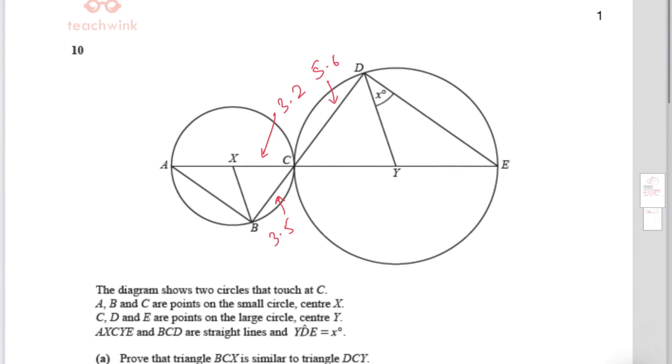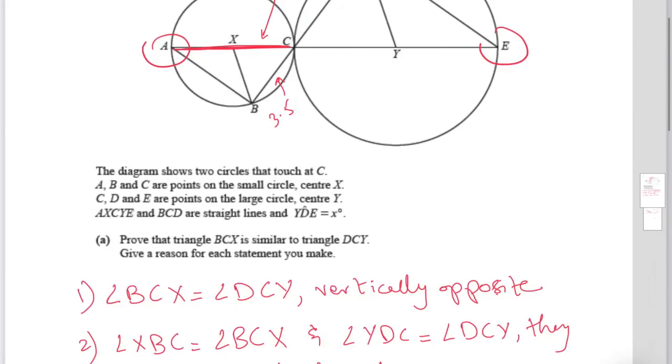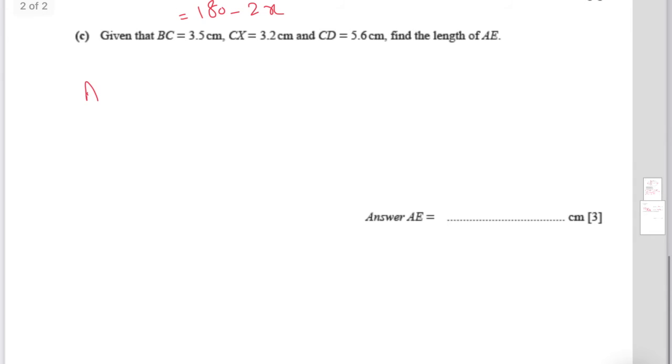We have to calculate the length of AE. How do we do that? First of all, we would need the length of AC. Since XC is the radius, if you multiply this by 2, you would get AC. So AC is twice CX, and CX was 3.2. So AC becomes 6.4 centimeters.